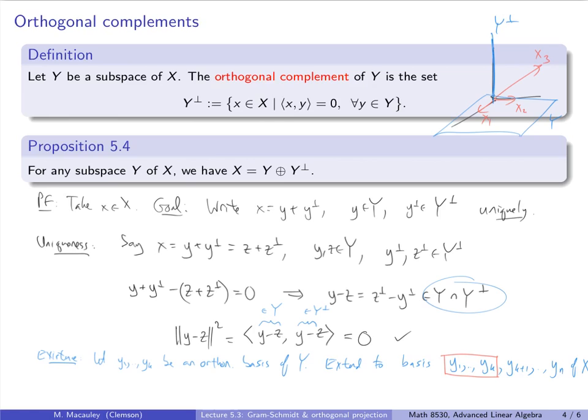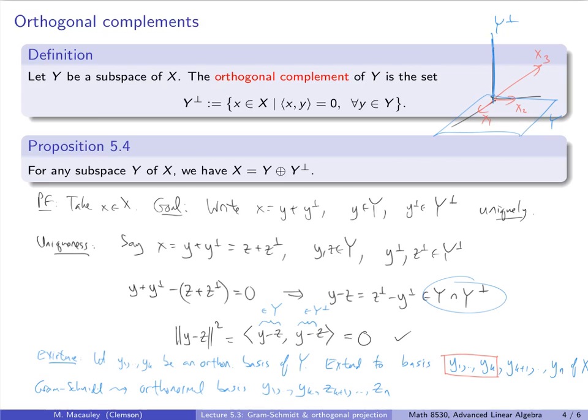These are orthonormal, so we can keep going. So let's write that down. By Gram-Schmidt, we can get an orthonormal basis y1 up to yk, and then let's write this as zk plus 1 up to zn.